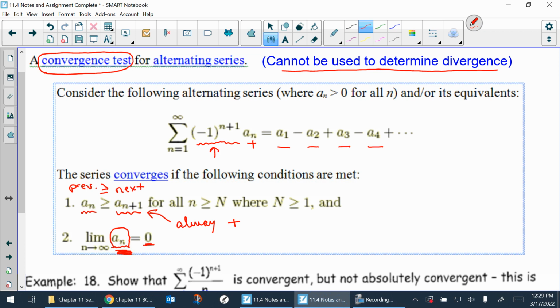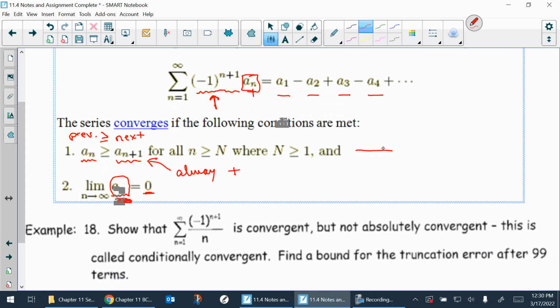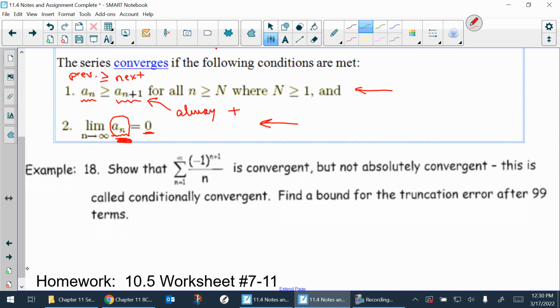But this thing right here is always considered positive. This is what determines that this is alternating. So do the terms continue to get smaller and smaller, and is the limit going to be 0? Okay, let's take a look at this.